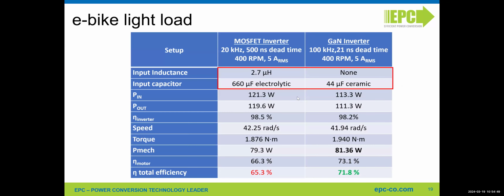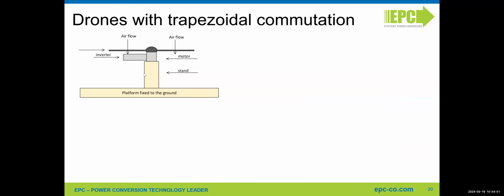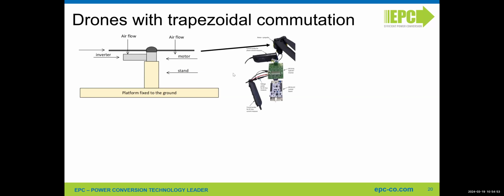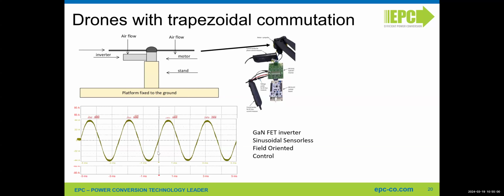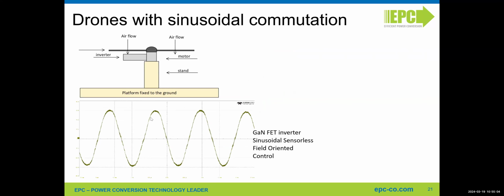This is the e-bike. Then the drone is also field-oriented control sensorless closed loop. The original is trapezoidal; ours is field-oriented control sensorless. And this case of the drone is also field-oriented control.